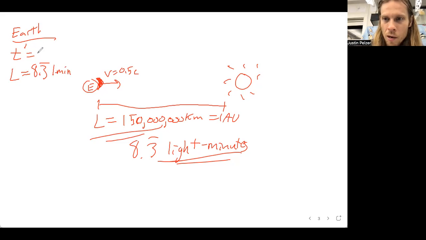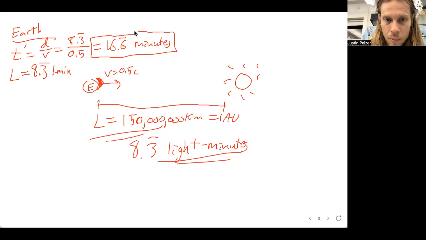T prime is what? Well, T prime is distance over velocity. Distance is 8.3 bar light minutes over velocity 0.5. So I get what? 16.6 bar minutes.